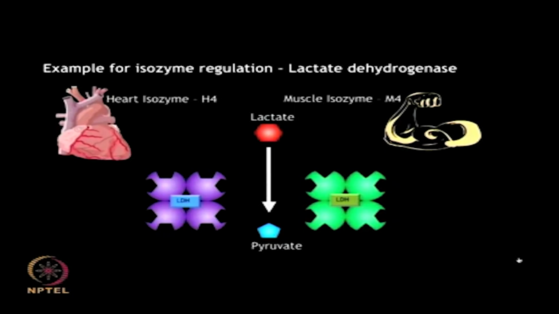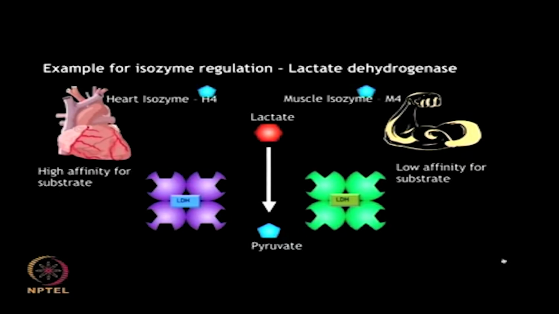The tetrameric heart enzyme, which requires an aerobic environment to function, has higher affinity for its substrate than the muscle enzyme. Despite having 75% sequence homology, they also differ in that high levels of pyruvate allosterically inhibit the heart enzyme, but not the muscle form.